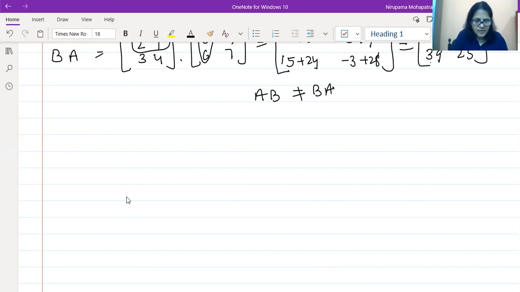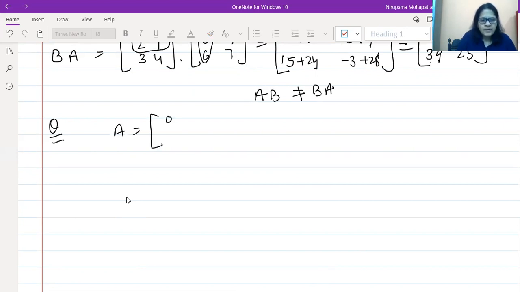Okay. Then next one is, I will take one more example. So let me take here your A matrix is [0, -1; 0, 2]. Okay. Now B matrix is [3, 5; 0, 0].